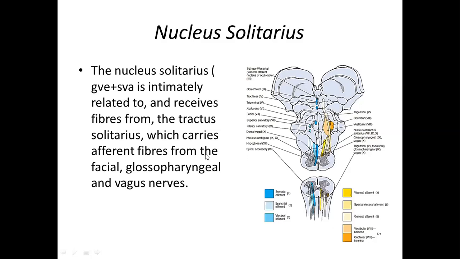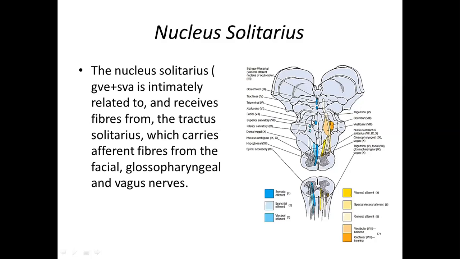All these three nerves are carrying the taste sensation from the tongue. That is why it is special visceral afferent, and why general visceral efferent, because it is also carrying the secretomotor fibers to certain salivary glands. So it belongs to both columns, the general visceral efferent and the special visceral afferent.